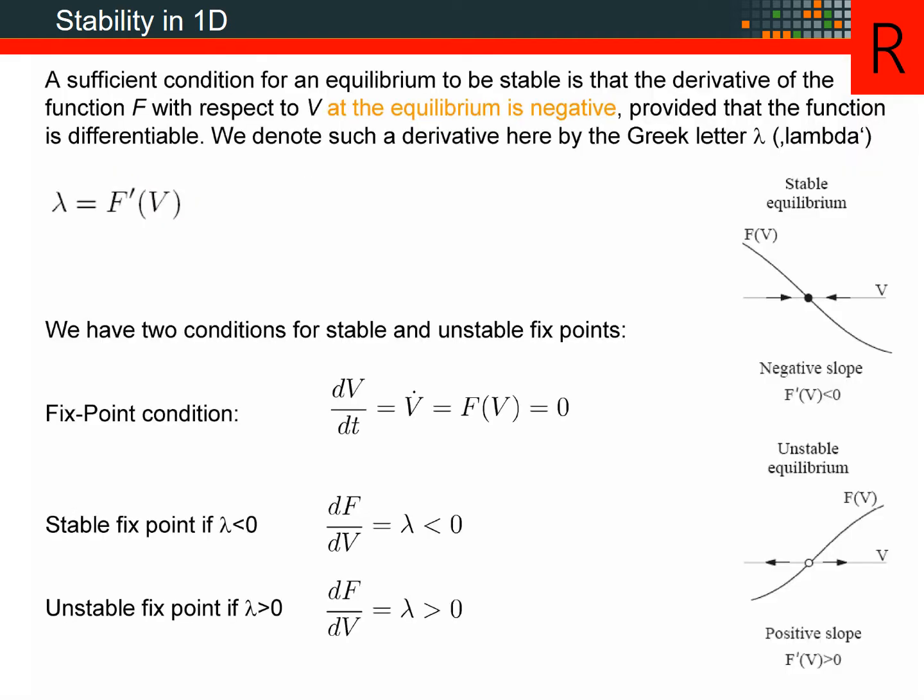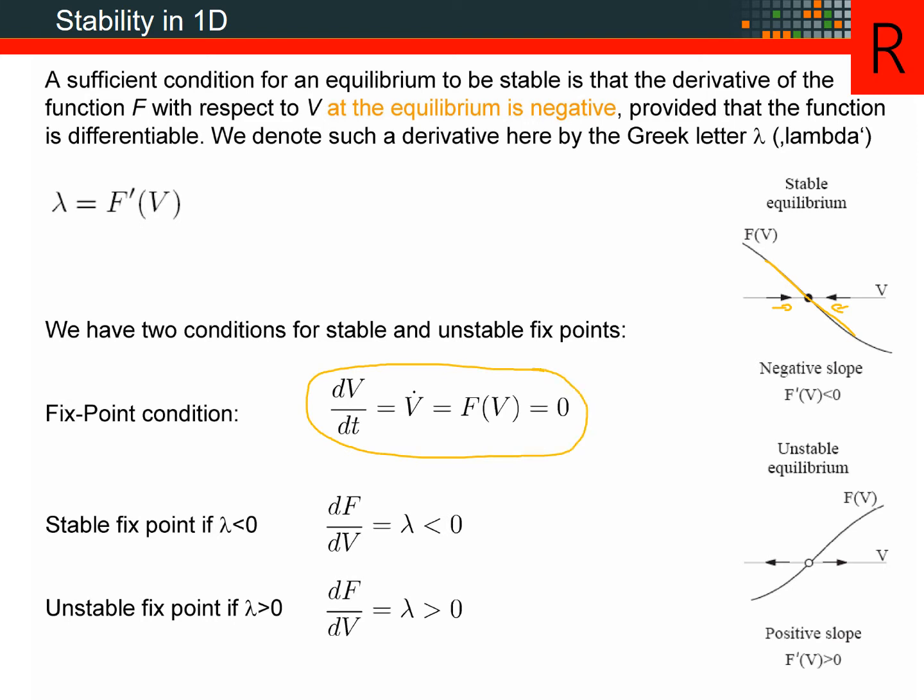We characterize stability in a one-dimensional system therefore based on the derivative, and we realize that if the derivative is negative, like in this case, we have a force that is actually pushing rightwards on the left-hand side and leftwards on the right-hand side, and therefore we have a negative slope. So what we do is we're computing the candidates for fixed points.